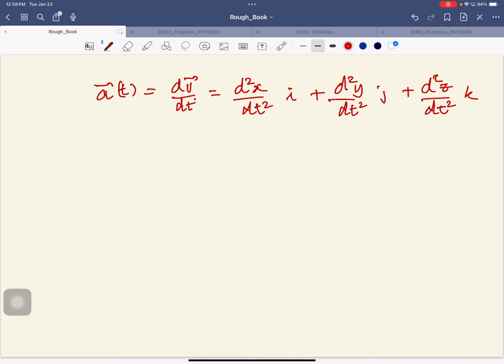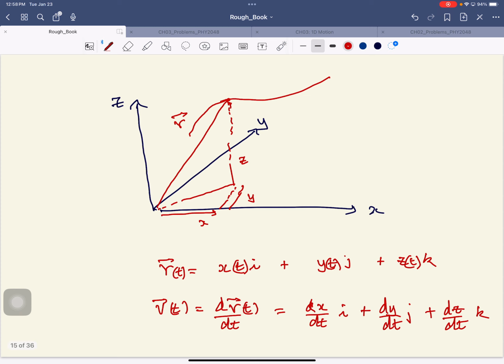All right, so now let me tell you why we're doing one-dimensional motion. Let's say you're flying like this. There's the projection of the motion along the x-axis, the projection along the y-axis, and the projection along the z-axis. You guys understand that?